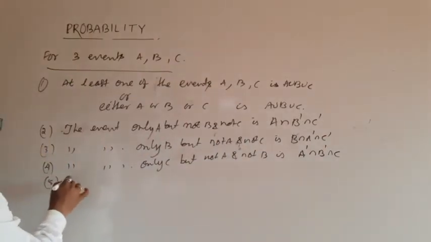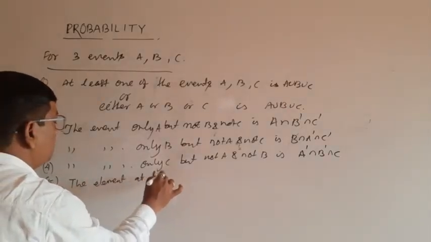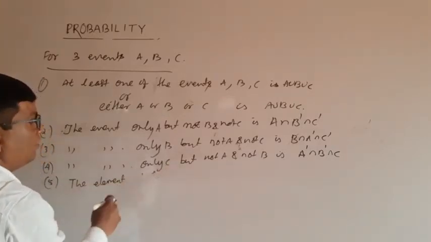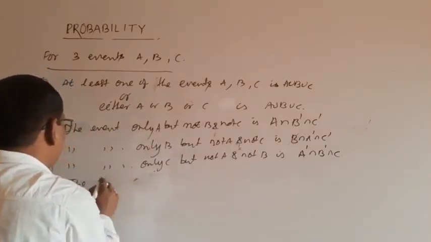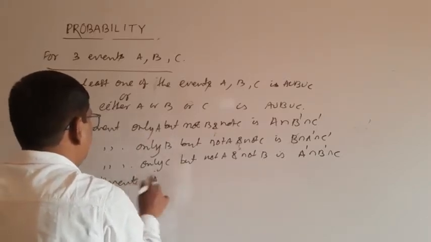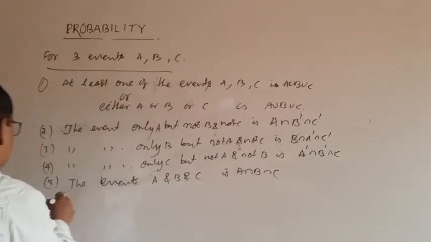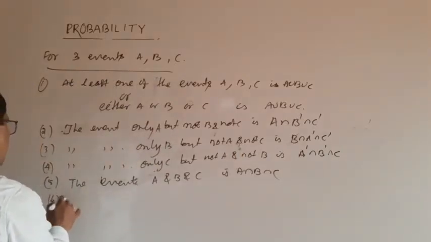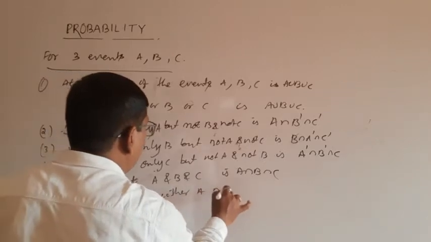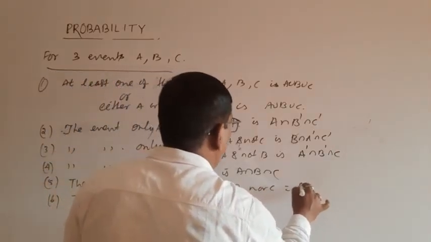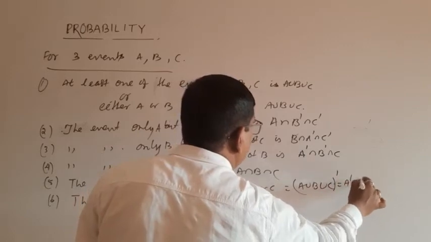Similarly, the event A and B and C is A intersection B intersection C. The event neither A nor B nor C is A union B union C whole dash, or A dash intersection B dash intersection C dash.